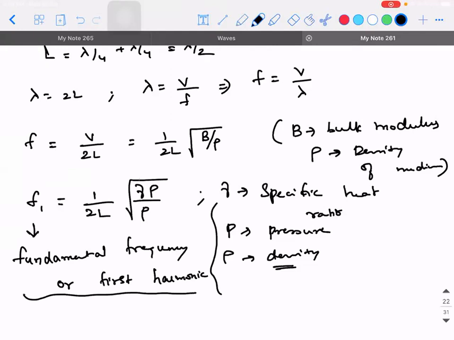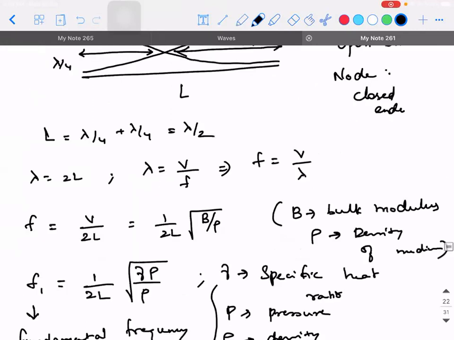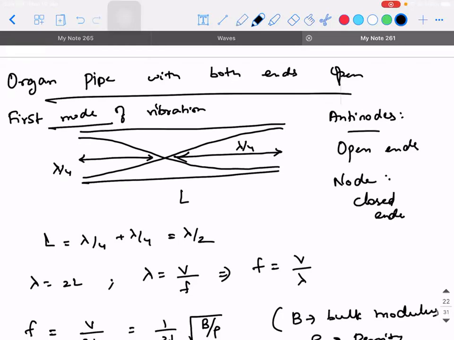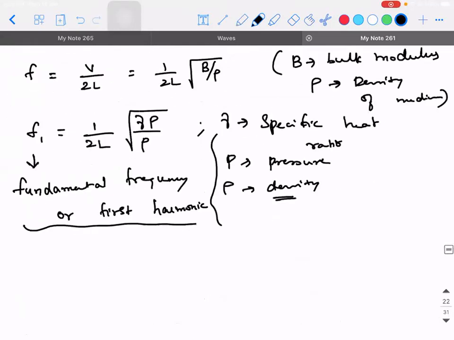And what is the name of this vibration? This is called first mode of vibration. Okay, please make a note of this point.